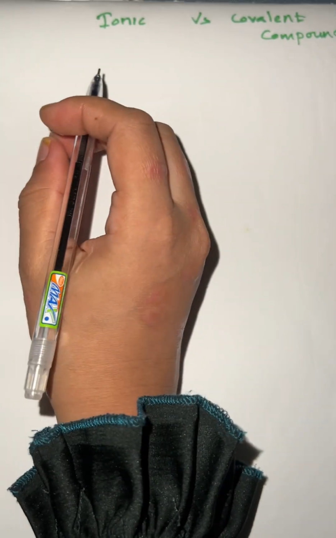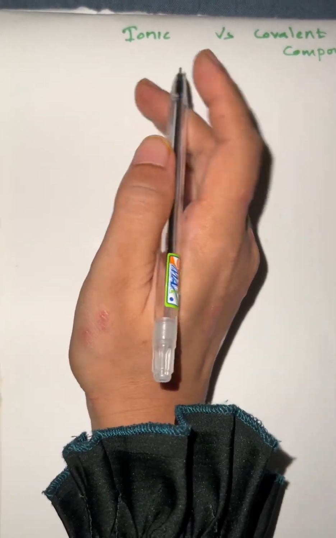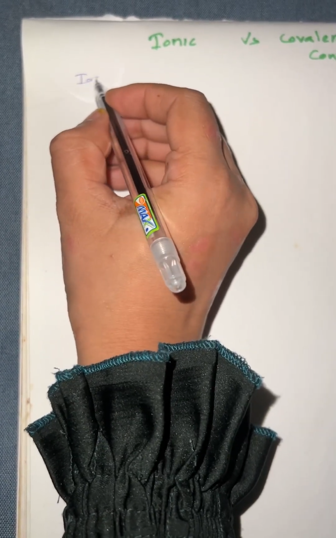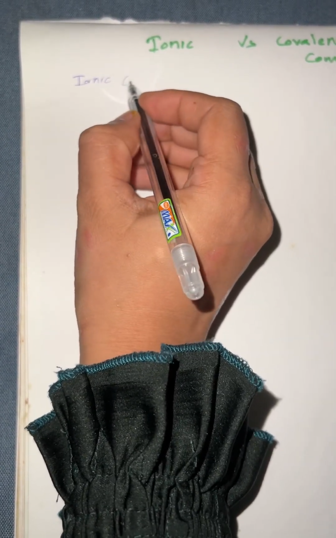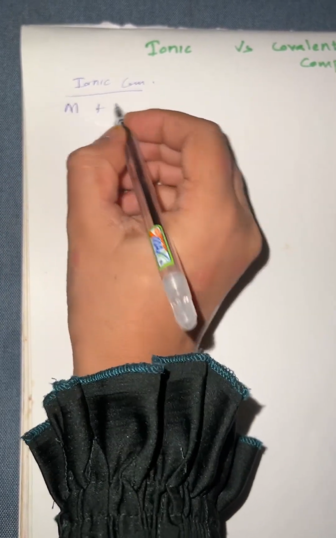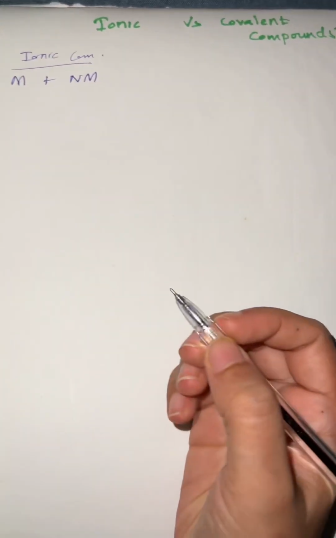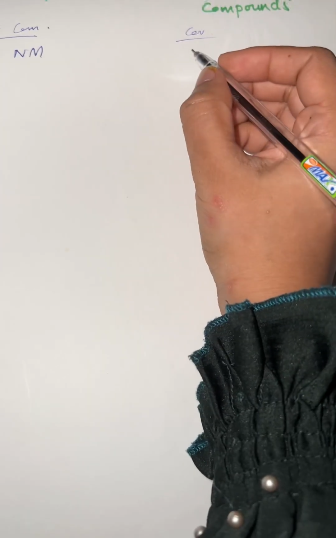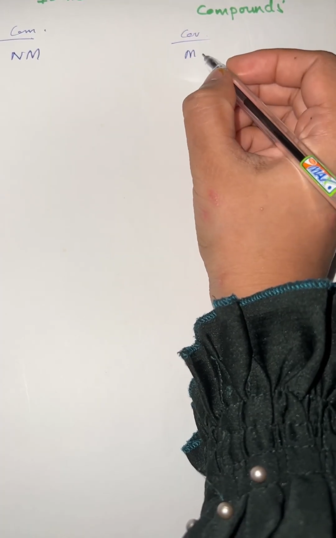Now we're going to talk some basics. That means if you take the ionic compounds, right, it's made up of metal and non-metal, whereas covalent compounds are made up of non-metals.